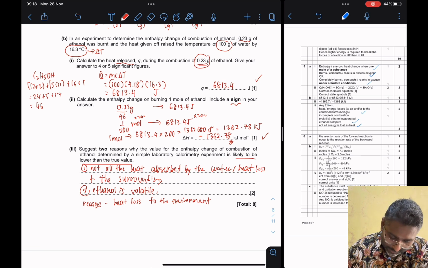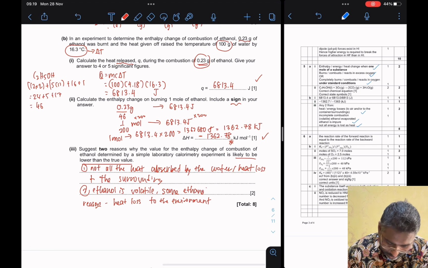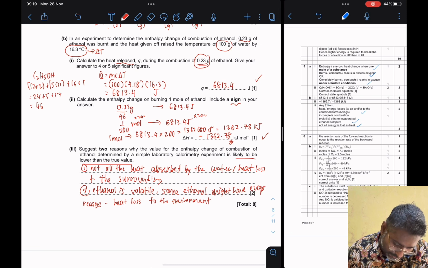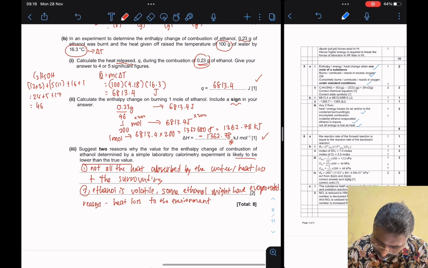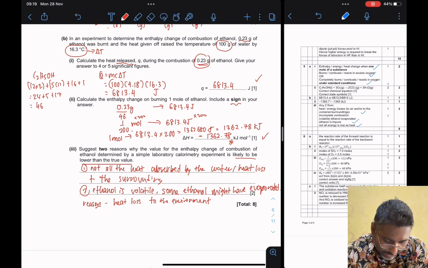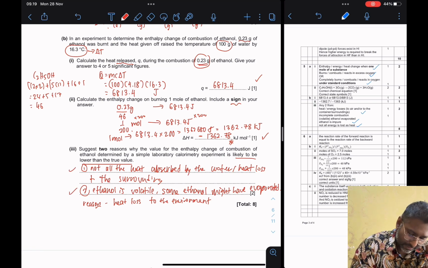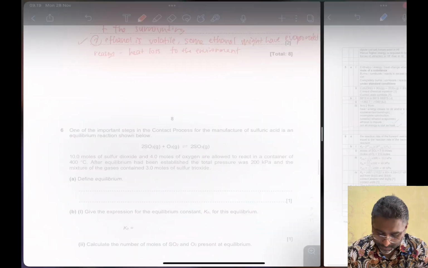Ethanol is volatile, therefore some ethanol might have evaporated, so that is going to make the number of moles smaller. So that will be different. And then ethanol is impure, not all the energy is lost as heat. All this you can put as your answer. Next.